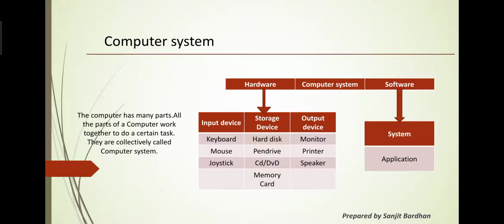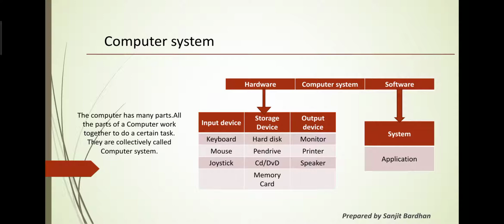First of all, it is divided into two main parts, hardware and software. Again, hardware is divided into three parts, which are input device, storage device and output device. On the other hand, software is divided into two parts, which are system software and application software.